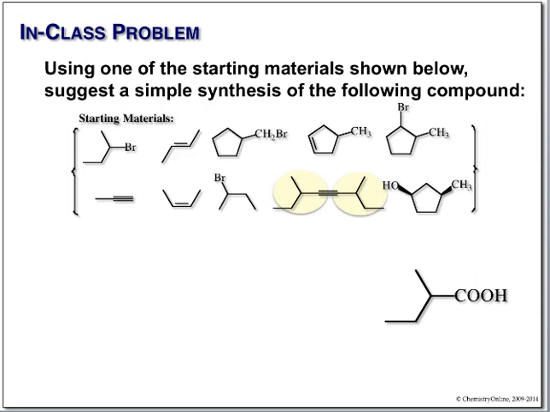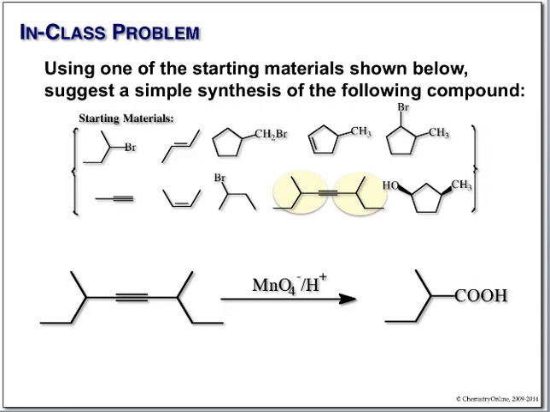If we take this and simply split our triple bond, we would make a carboxylic acid out of each carbon. What's our reaction condition? Permanganate and acid.